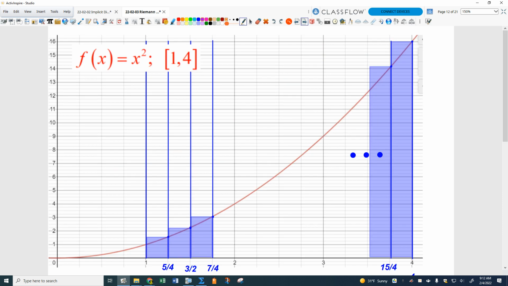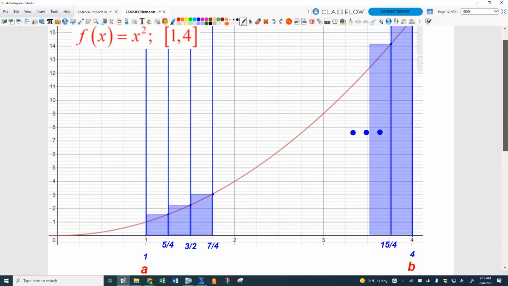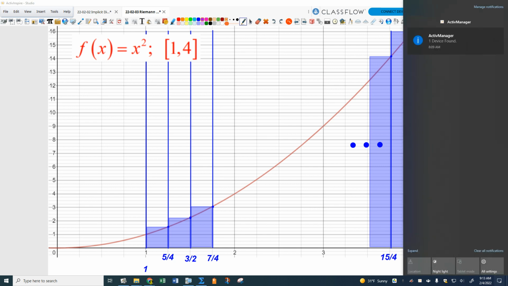So let's start off here. We're going to use a right sum, meaning we're going to use the right edge of each subinterval to define the heights of the rectangles. Because this is a monotonic increasing function, all of these are going to be overestimates. This is two things at once. It's a right sum. I'm going to write this down too.